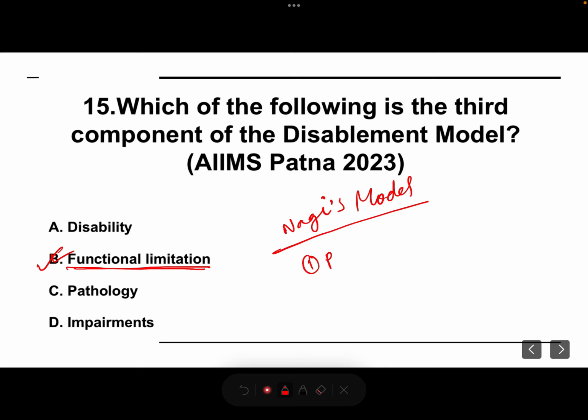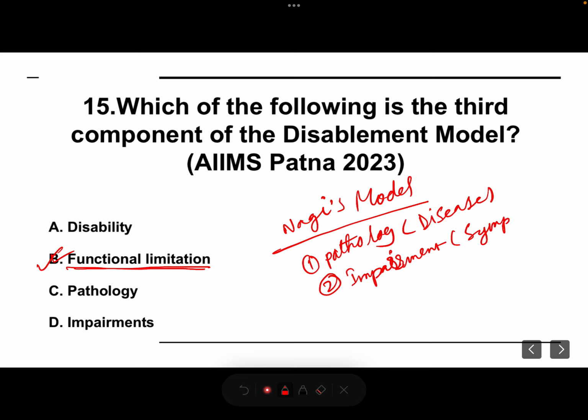One is pathology or disease. Two is impairment, or you can say symptoms.